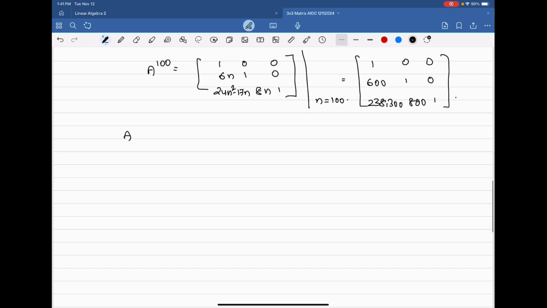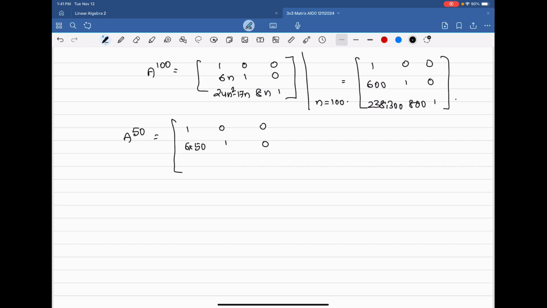Now let us try for a to the power of 50. It will be a cakewalk. 6 into 50, 100. 24 into 50 square minus 17 into 50, 8 into 50, then 1.